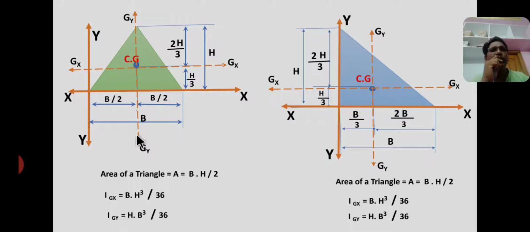Therefore the centroid lies on this line, on the vertical line. The centroid of a triangle lies where its median lines meet each other. Therefore C is the centroid of a triangle at a distance of base by 2 and height h by 3 and 2h by 3. Please see carefully.